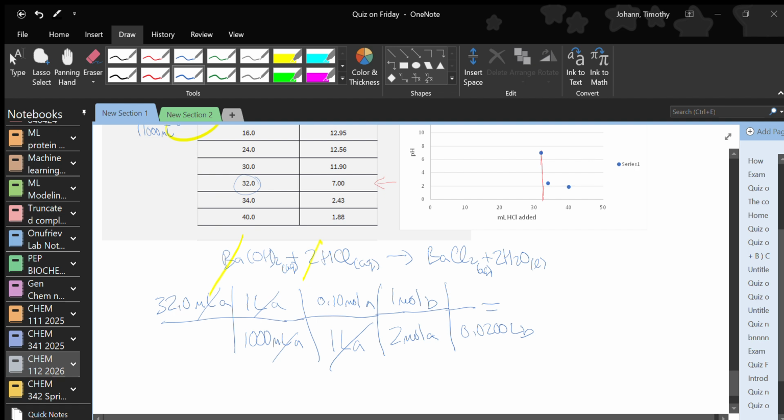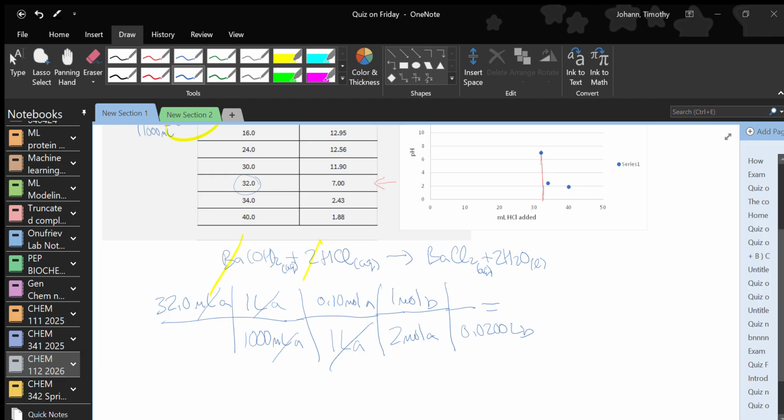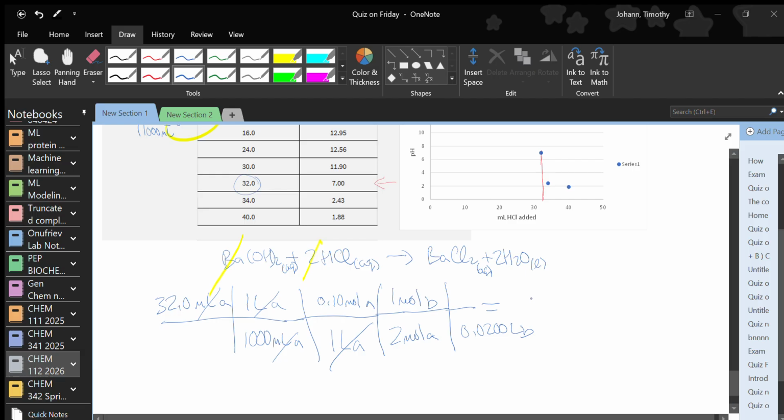And so now I'll put this into my calculator. 32 times 0.1 divided by 1,000 divided by 2 divided by 0.02. And I get out of that 0.08. How many sig figs did I have? Probably 3, so 0.0800 molar barium hydroxide, because that's what we were solving for, the amount of base.